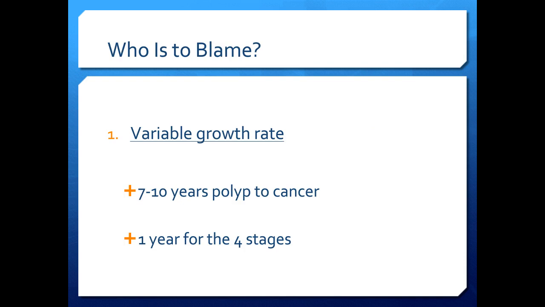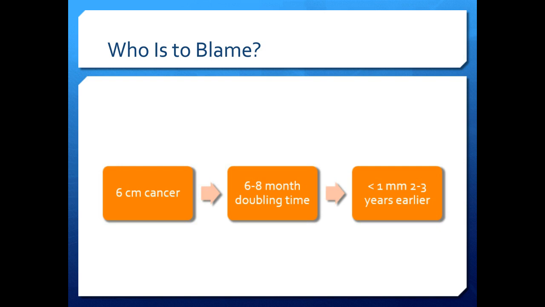The other problem is, as I told you, that there's a variable growth rate. It takes 5 to 10 years, depending on what you read, to go from polyp to cancer. But once the polyp turns into cancer, it's then got to go through the stages of through the wall of the colon, then to the lymph nodes, then to the spread. So let's go back for a second.